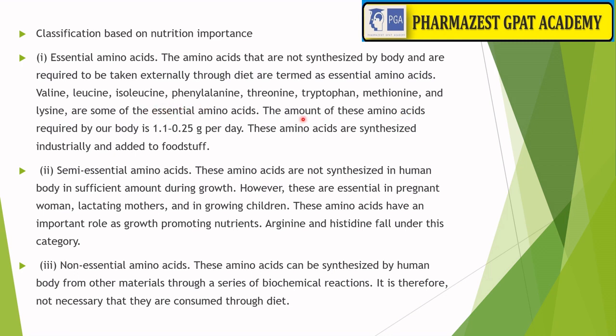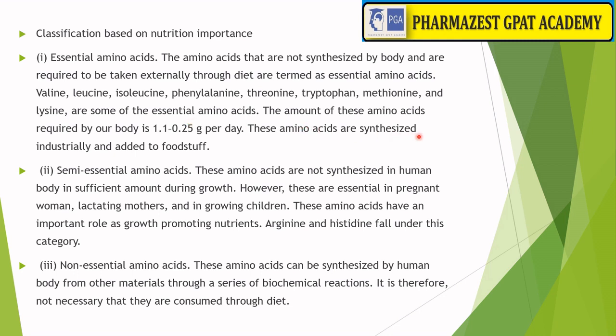Okay, the amount of these amino acids required in our body is 1.1 to 0.25 grams per day. This amount is the mainly important one here. Please kindly note down that the minimum amount of essential amino acids that should be taken per day is 1.1 to 0.25 grams per day.